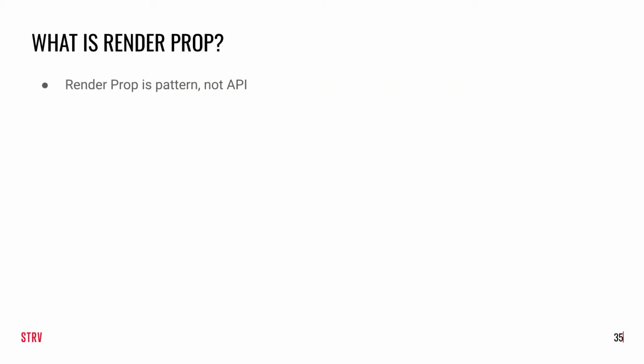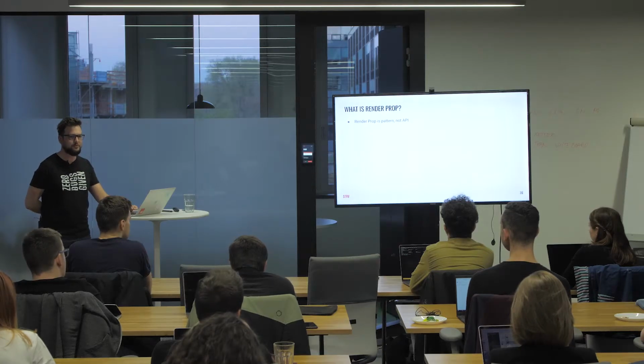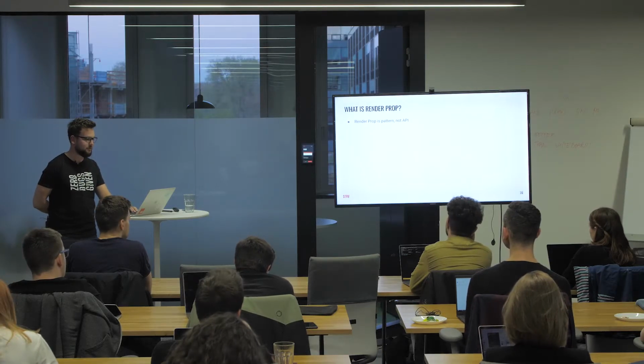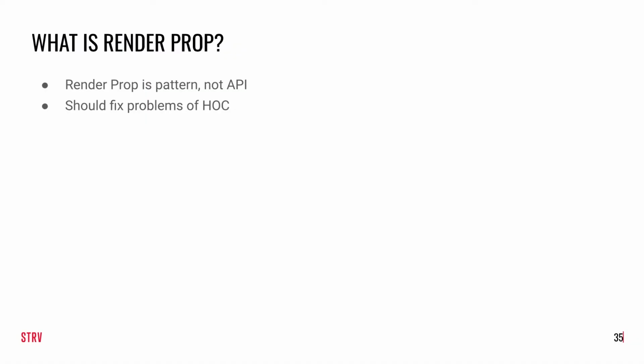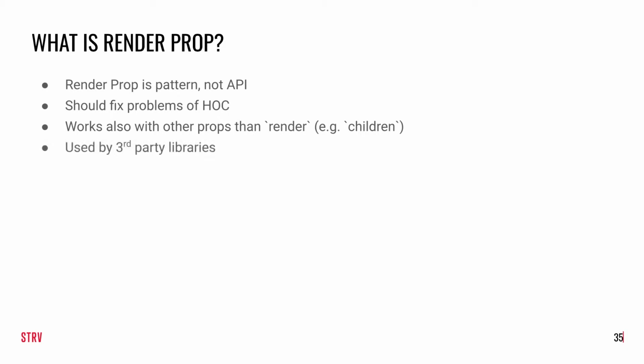So what is it? Well, again, it's a pattern, not an API, so you can use it with every version of React. It is designed in a way that it should fix all the problems of HOCs. It can work with any other prop than render, for example, children. And again, it's very often used by third-party libraries, for example, Formik.